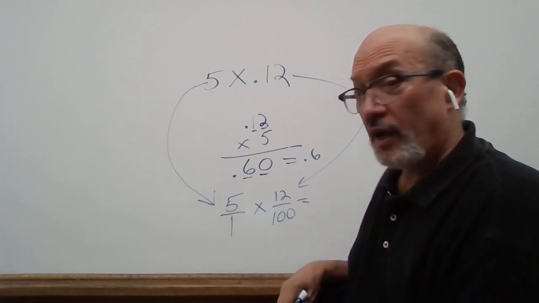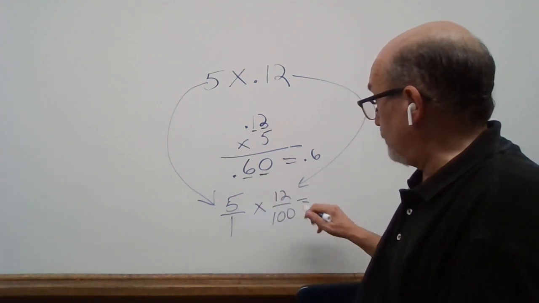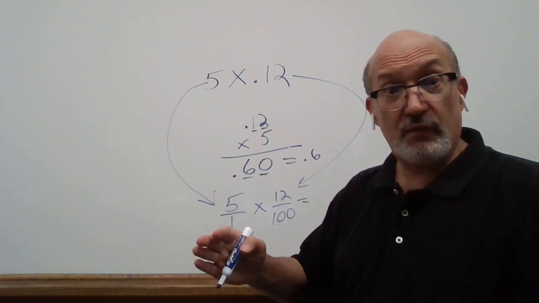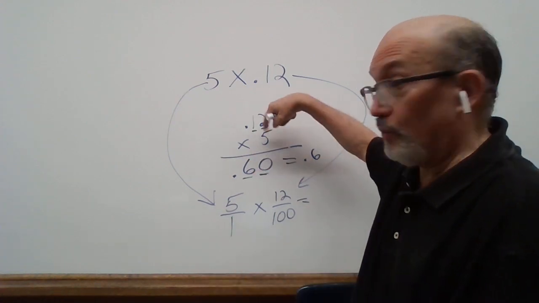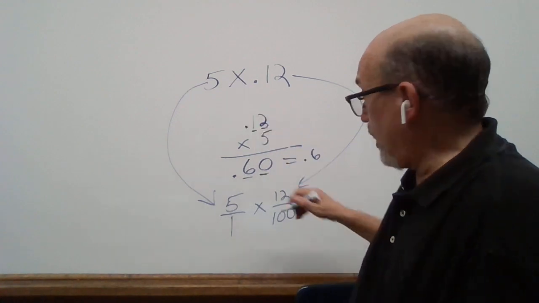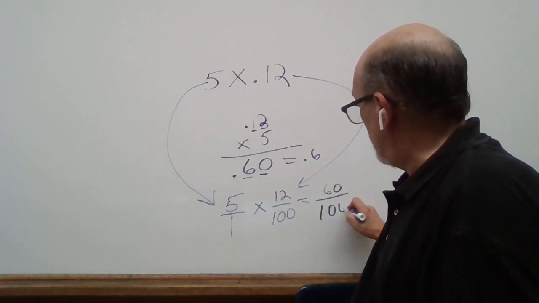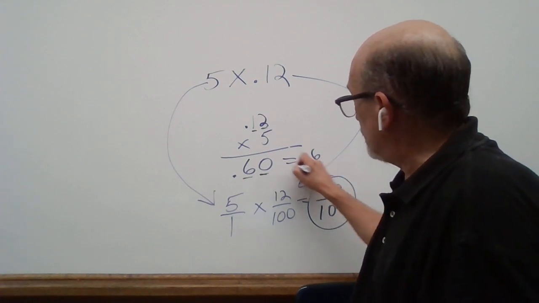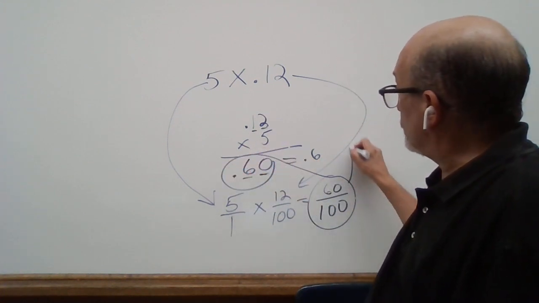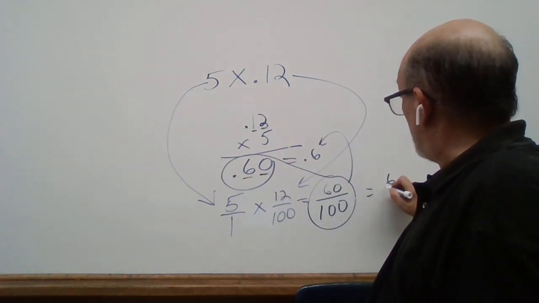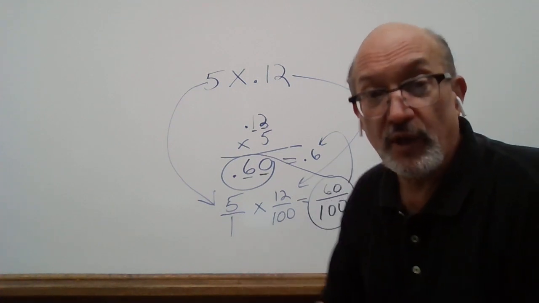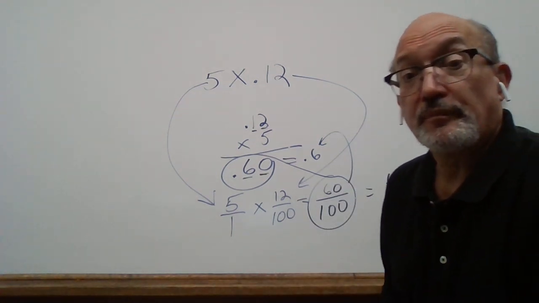You multiply across the top and bottom. 5 times 12 is 60. Does that sound familiar? That's exactly what we did here. 5 times 12 is 60. And then 1 times 100 is 100. So there's 60 over 100. Of course, that does simplify to 6/10, the 0.6 that we got before.